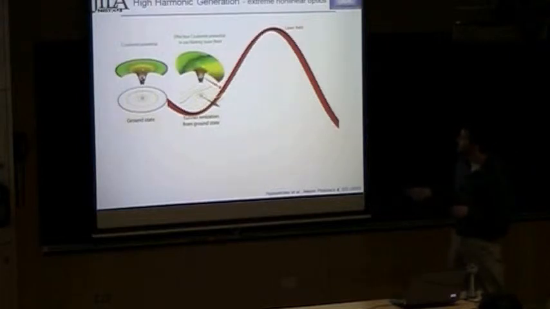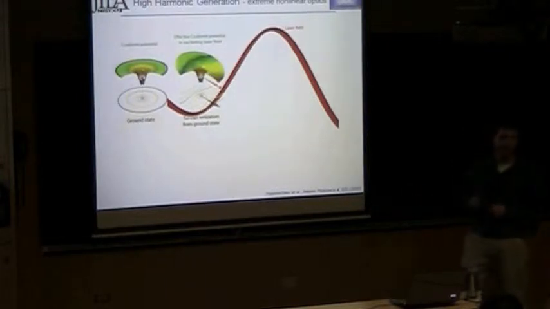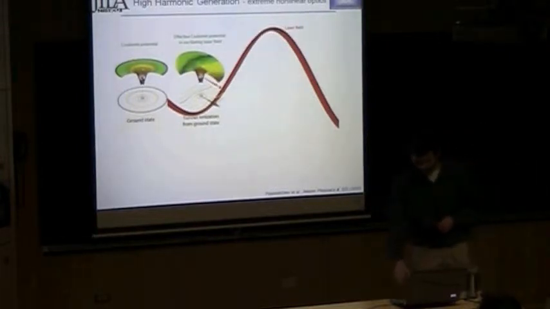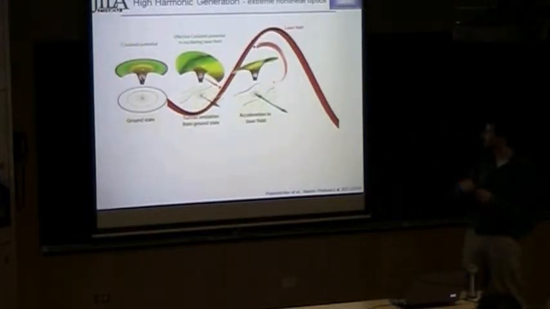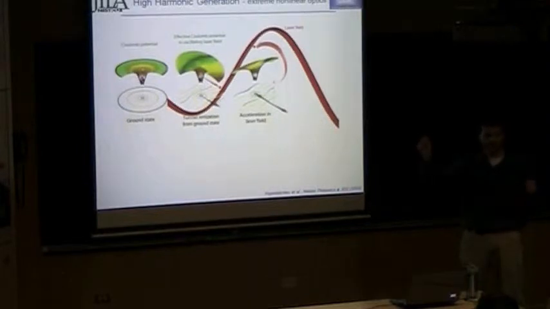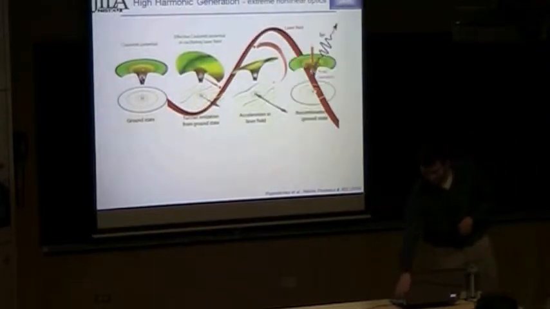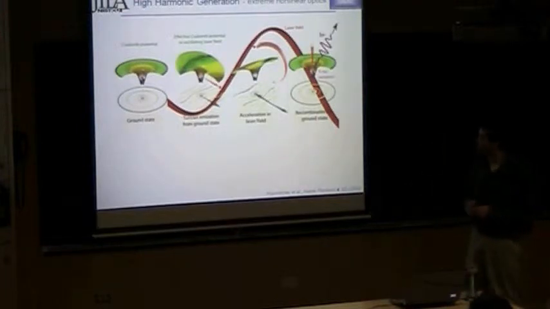And then the electron can tunnel ionize out of the atom. And then once it's sitting there freely, it'll oscillate in the laser field. And it'll accelerate first away from and then back towards the parent ion. And once it's returned, it can recombine with the parent ion and give off this excess energy it's gained in the form of a high energy photon.